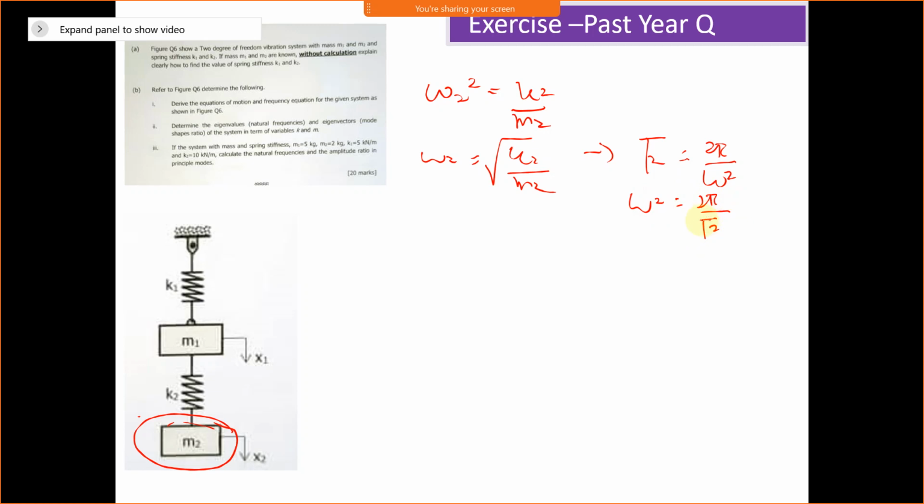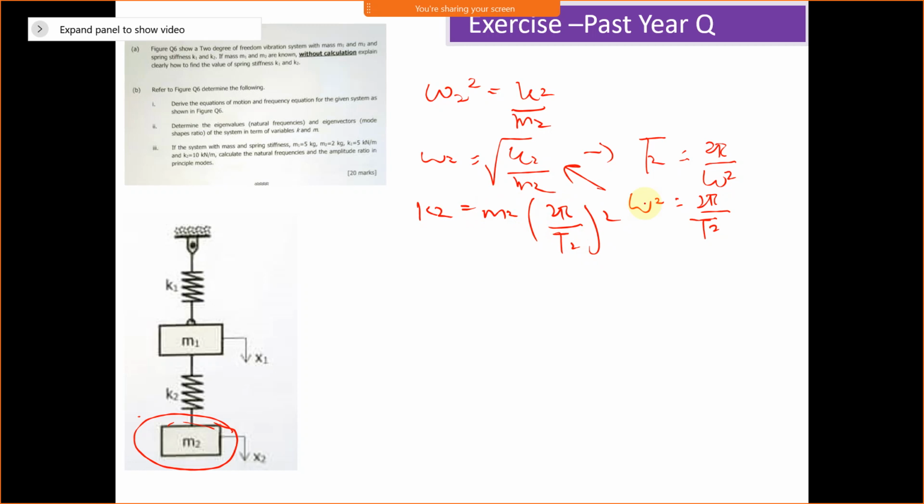Masukkan dalam ni, dan kita akan dapat the equation of this one in terms of value yang kita ada. So sekarang ni kita ada K2 sama dengan M2 2 pi over T2 square bila kita derive.